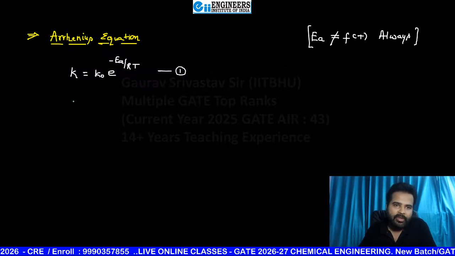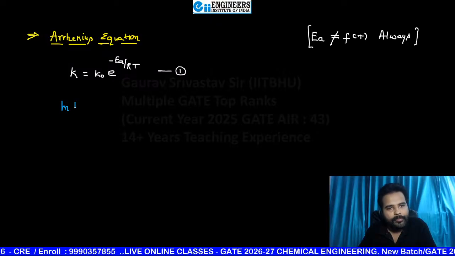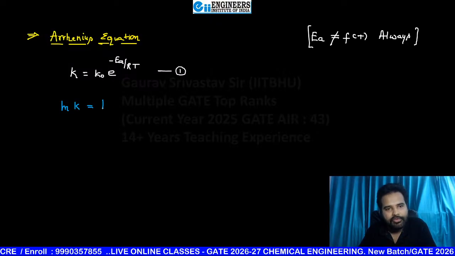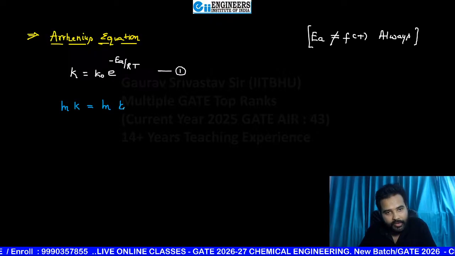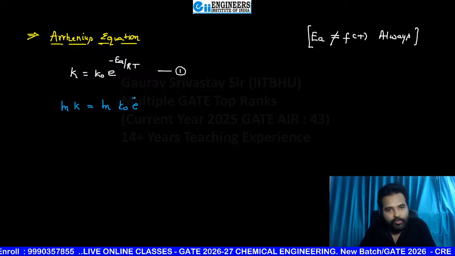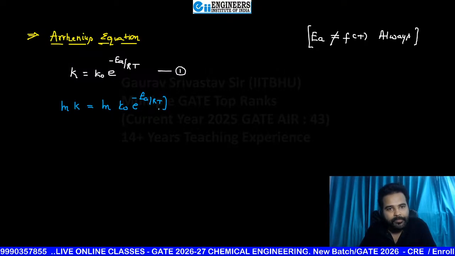So just take the logarithm here. You will get ln of k equals ln of k naught e raised to power minus EA by RT.